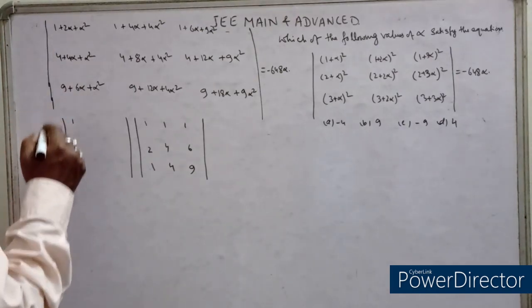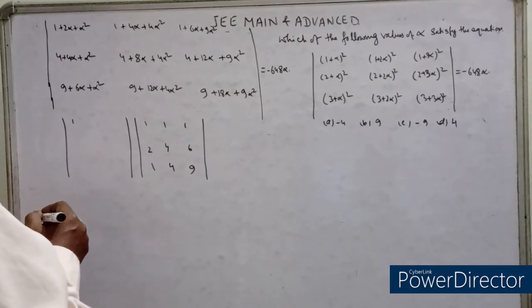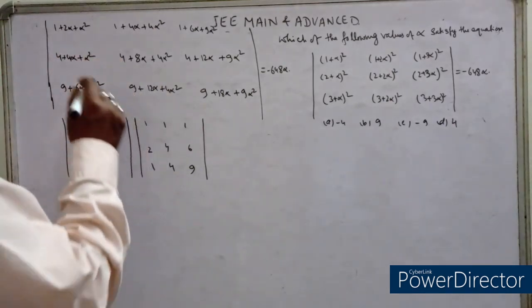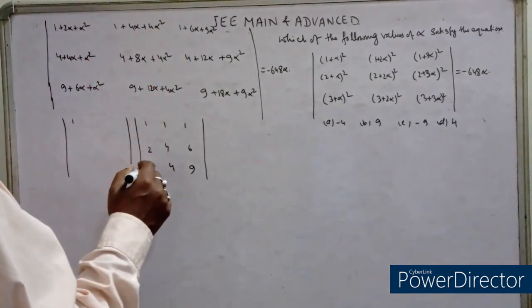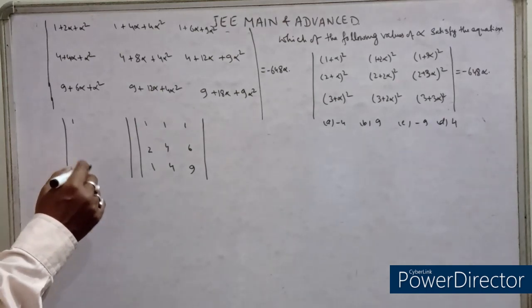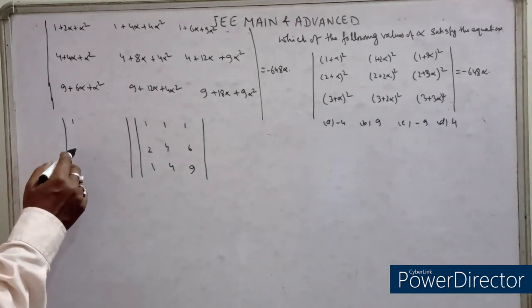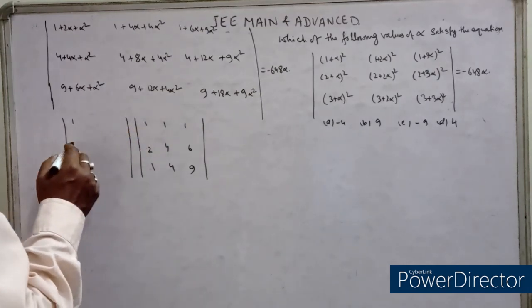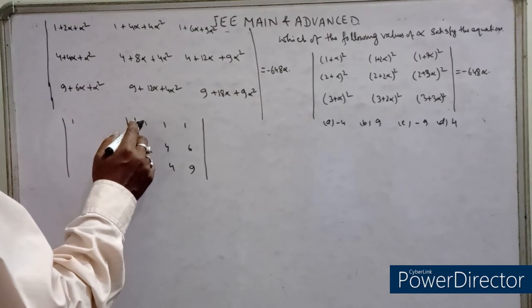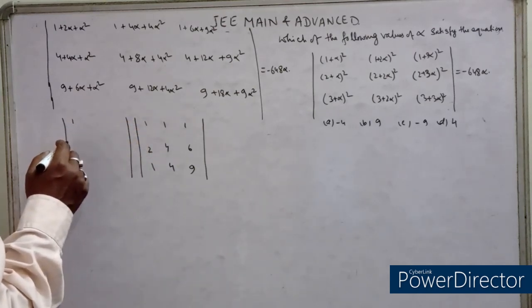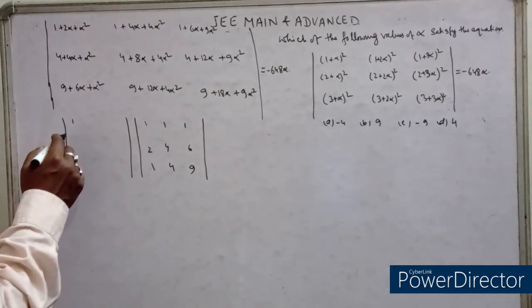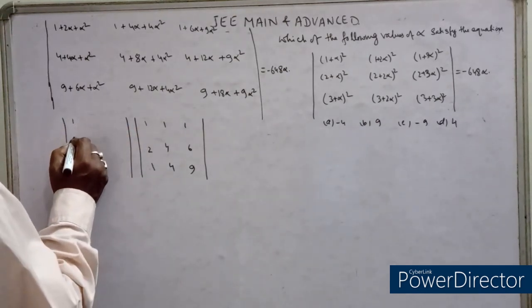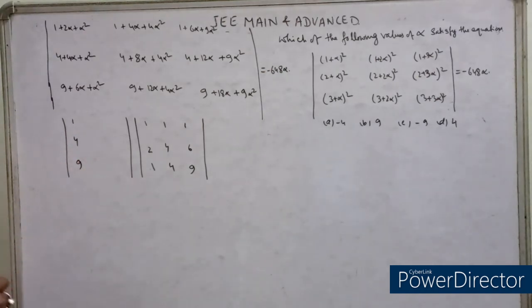So again you see here, similarly, for this will be 4, similarly 1 into 1, then similarly let me take 4, 9.